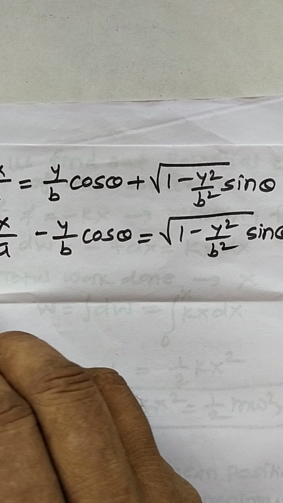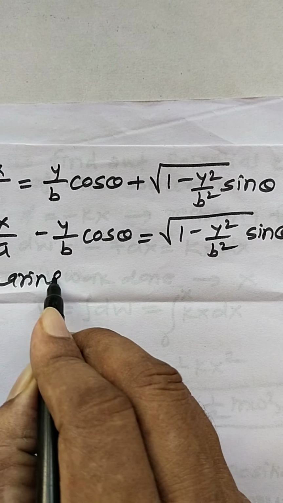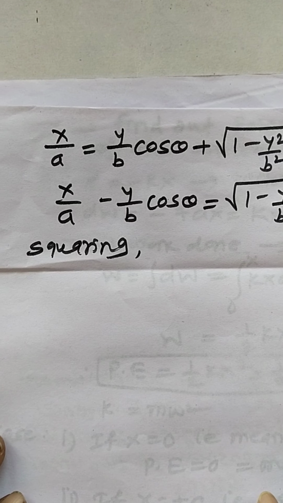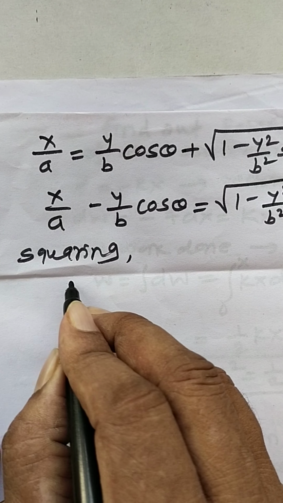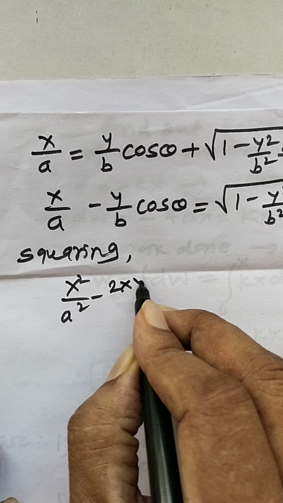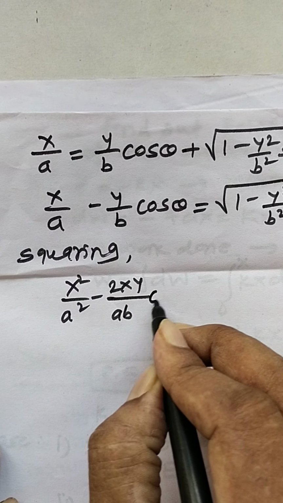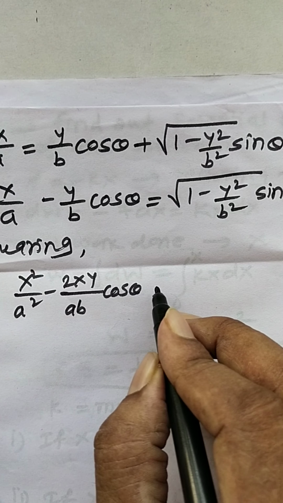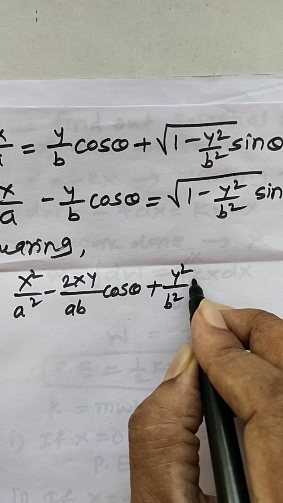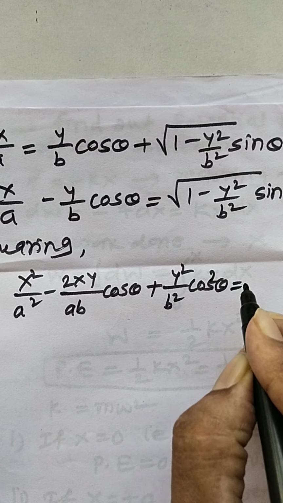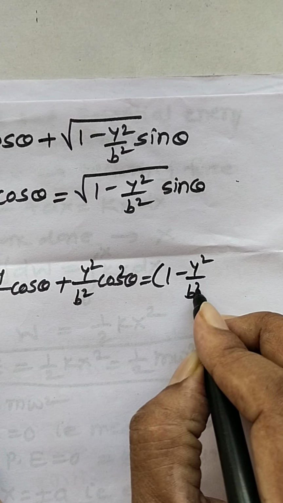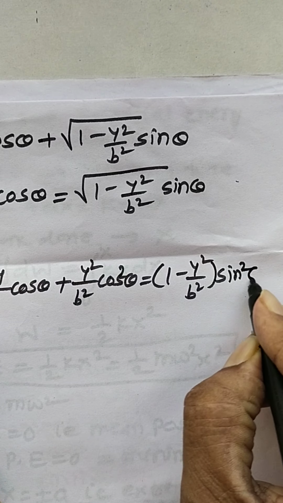Squaring, we write x square upon a square minus 2xy upon ab cos theta plus y square upon b square cos square theta is equal to 1 minus y square upon b square, sin square theta.